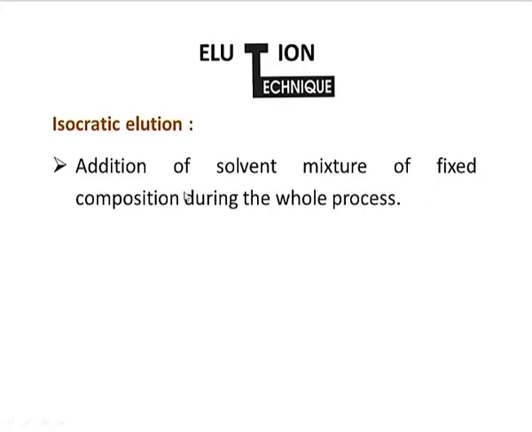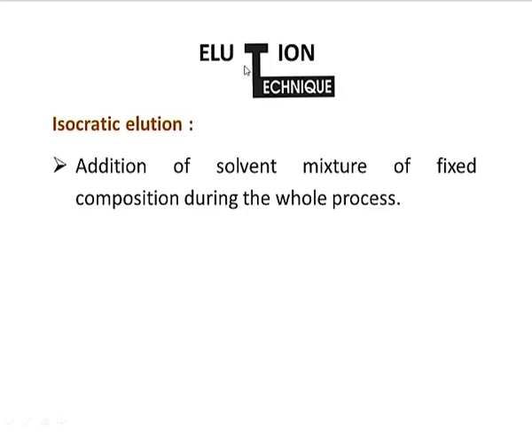One way is what we call isocratic elution. In an isocratic elution, a solvent mixture of fixed composition is used and retained during the whole process. Again, as we saw with the TLC picture, you could remind yourself that it was an isocratic elution.